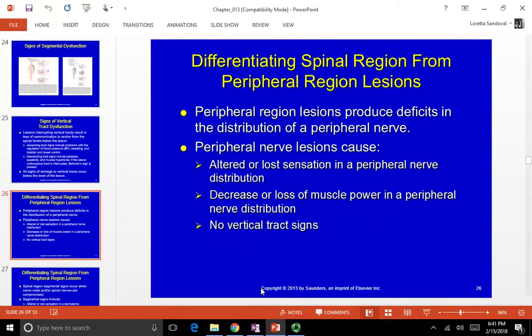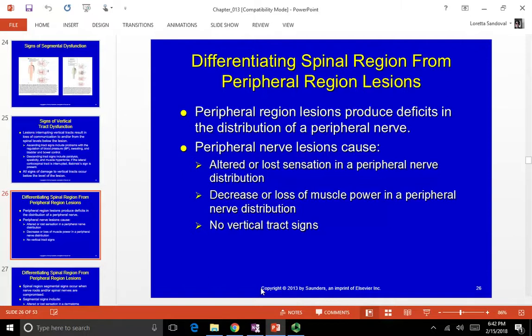So how do we differentiate a spinal region issue from a peripheral region issue? So peripheral region lesions produce deficits in the distribution of a peripheral nerve. So we said that the spinal region is dermatomal and myotomal, and with the peripheral region, it is distribution of a peripheral nerve.